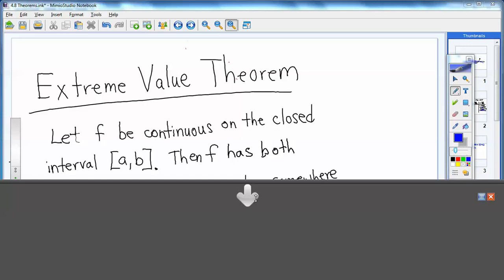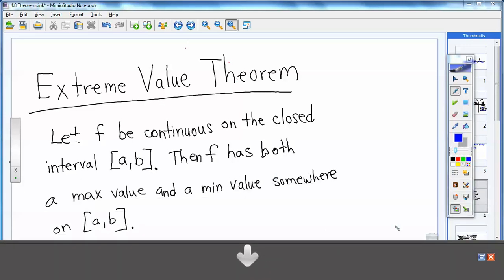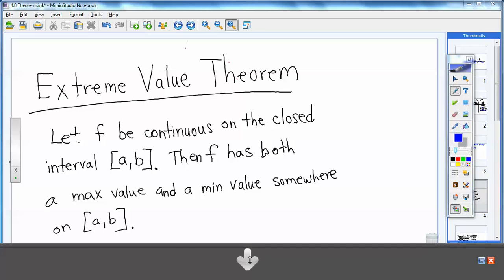It tells us, okay, if you've got a continuous function like a polynomial, sine, something that you know doesn't have any of that stuff, and you're talking about a closed interval, then the function has to have both a max and a min value somewhere in that interval. This is called an existence theorem because it guarantees the existence of a max and min. It doesn't tell us where to look.